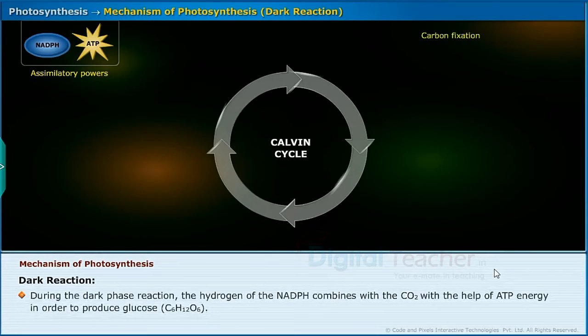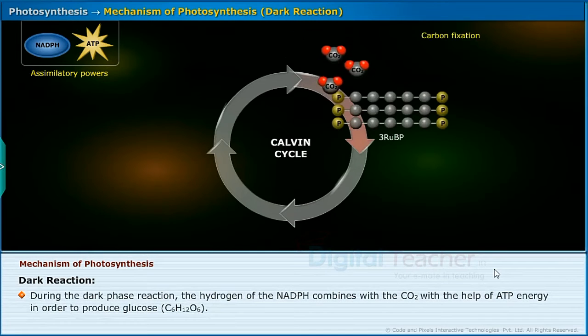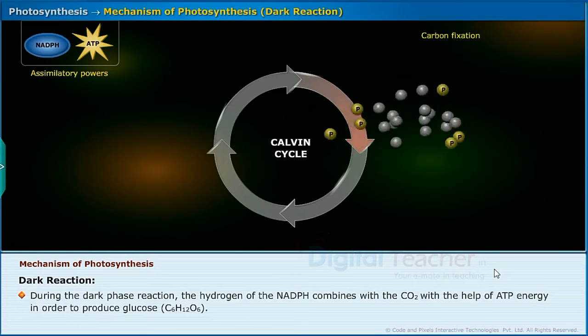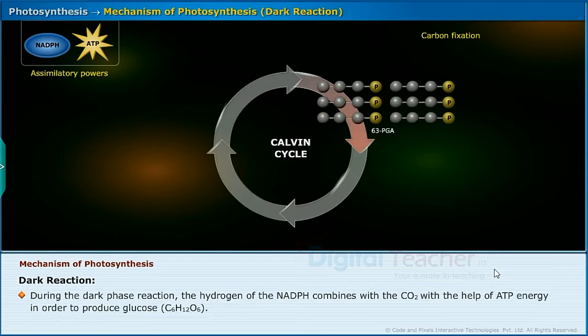During the dark phase reaction, the hydrogen of the NADPH combines with carbon dioxide with the help of ATP energy in order to produce glucose.